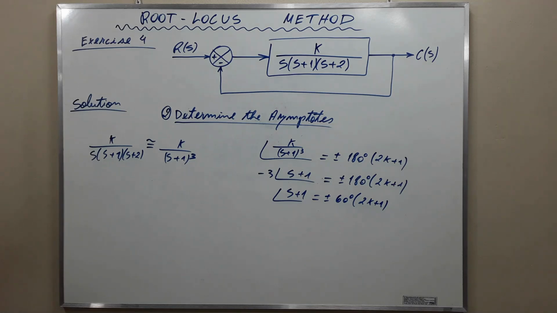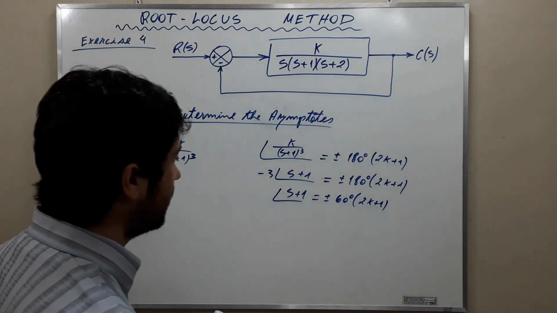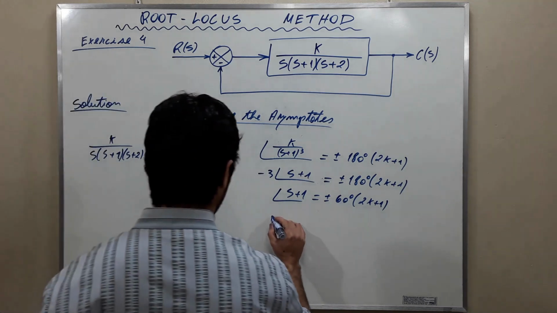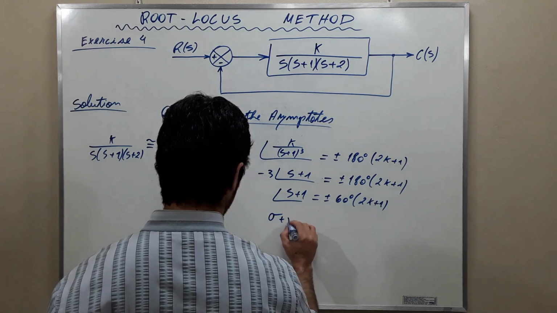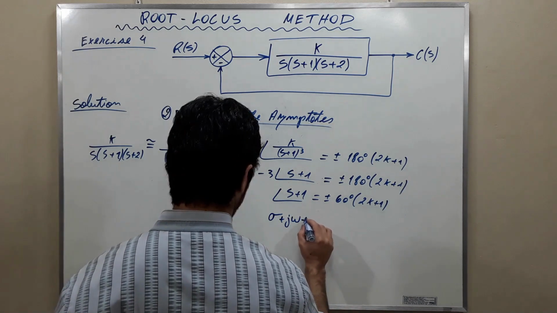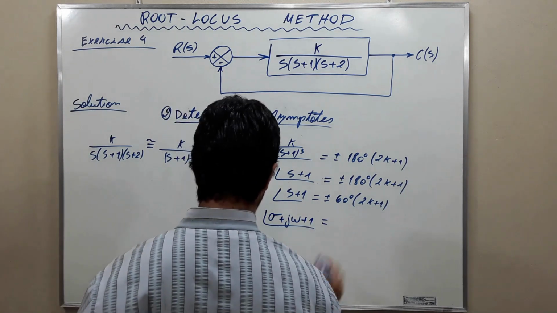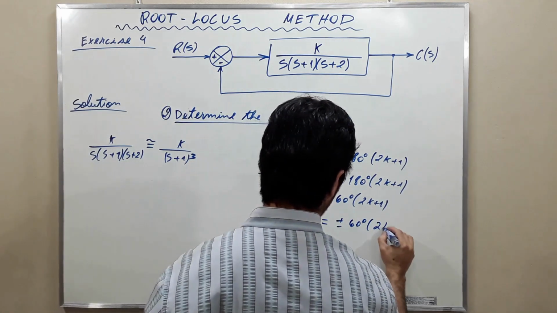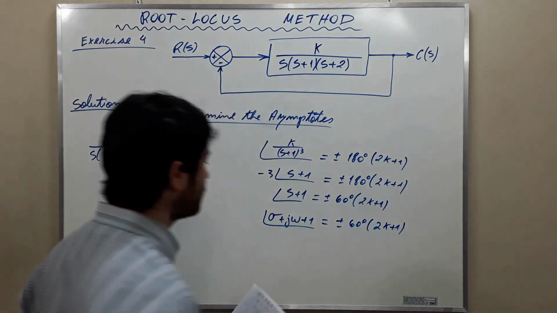Now, if we substitute again s by sigma plus jw, we get that the angle of sigma plus jw plus 1 equal to plus minus 60 degrees times 2k plus 1.